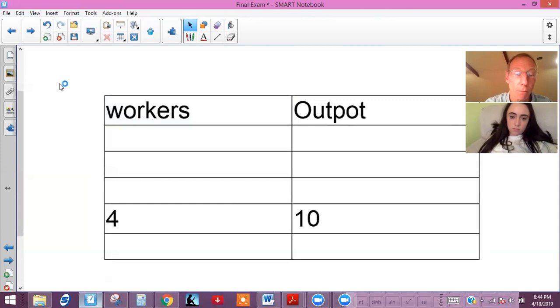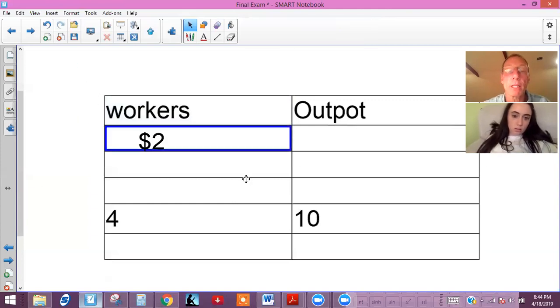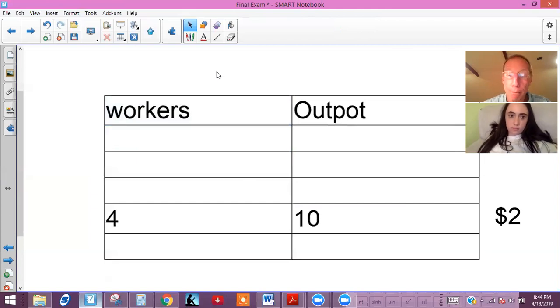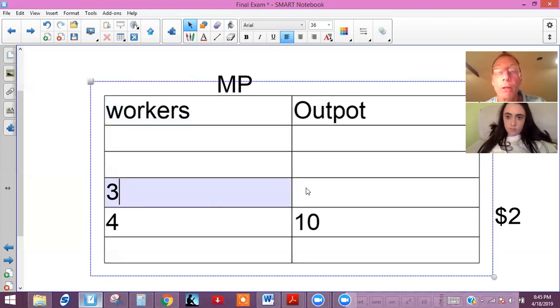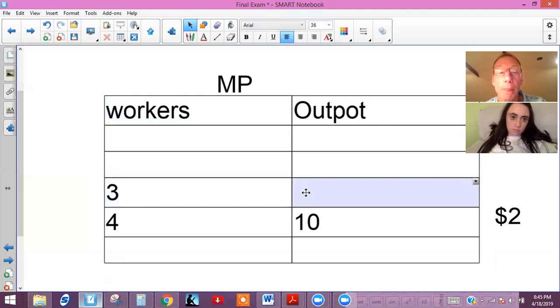Okay, so this output they're giving you right here is total output. Say the whole firm with the third worker produces 8.